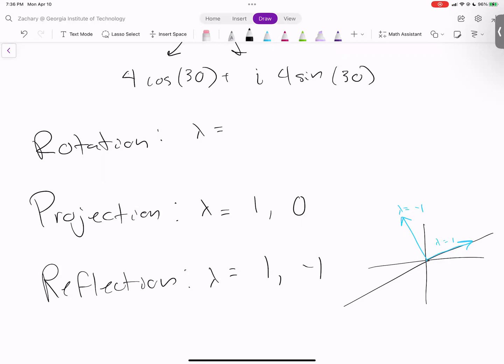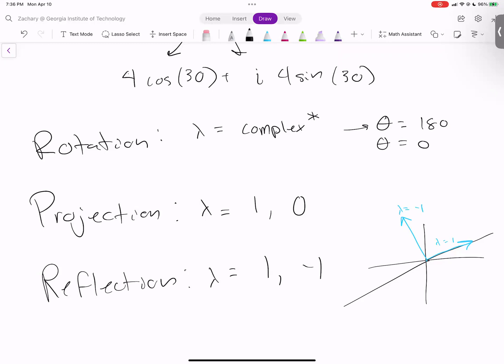All right. Lastly, for rotations, the eigenvalues are complex, with 2 exceptions: theta equals 180 and theta equals 0. What happens to you if you rotate 0 degrees? Nothing. It's the same thing.